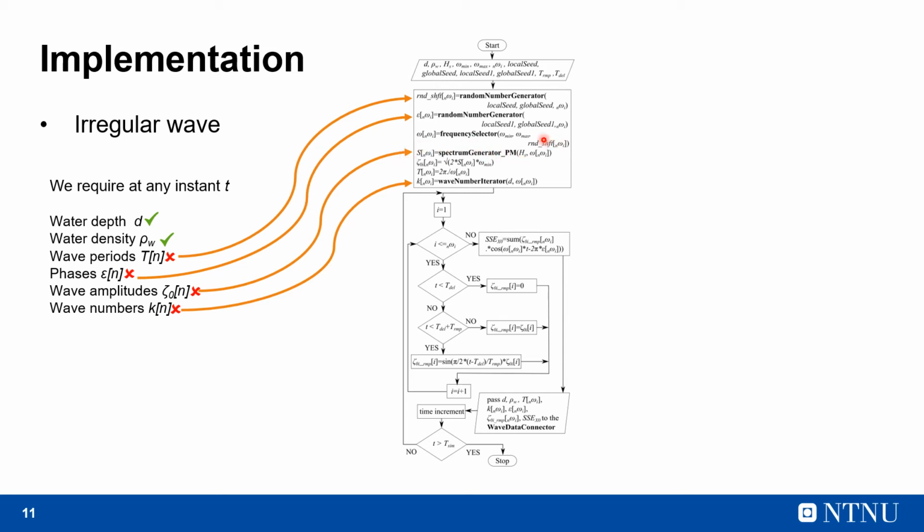Based on this spectrum generator function, we can calculate the amplitudes of the representative waves, and the wave numbers are calculated by the wave number iterator function as explained earlier. Once these parameters are known, we can generate the parameters that define the irregular wave, and we make these parameters available at the wave data output connector of the irregular wave component model.